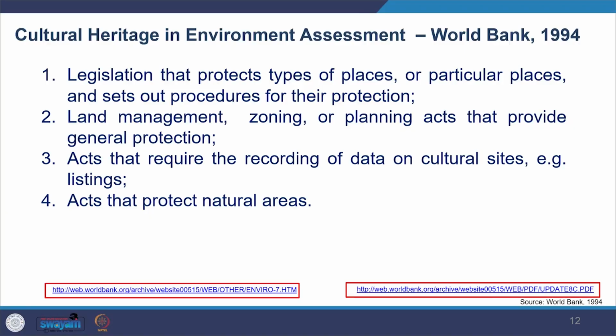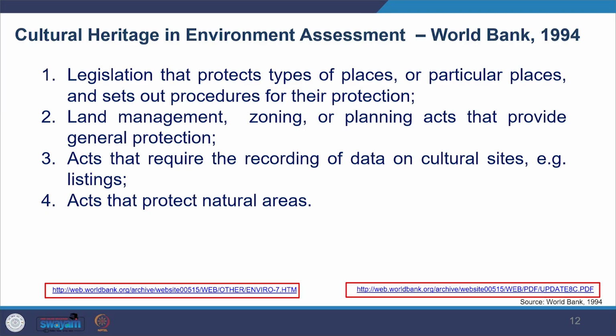Looking at the World Bank document and reference, we see that there are four major broader types of legislation which are identified, and generally we see them at the national level. These four types include legislation meant for protection of different types of places or any unique particular place, and there are procedures for their protection.